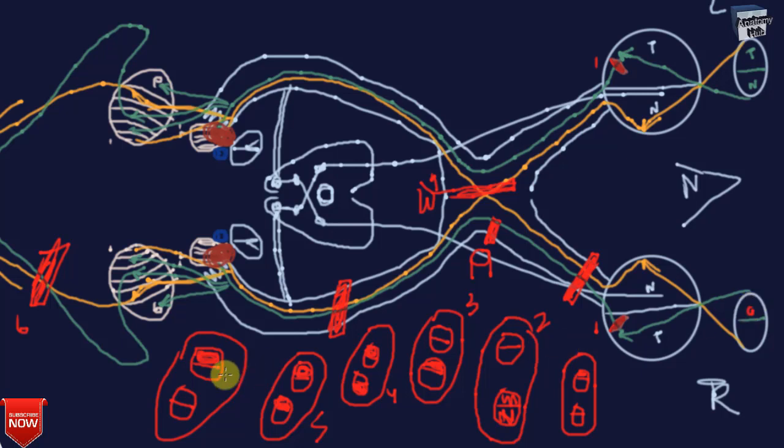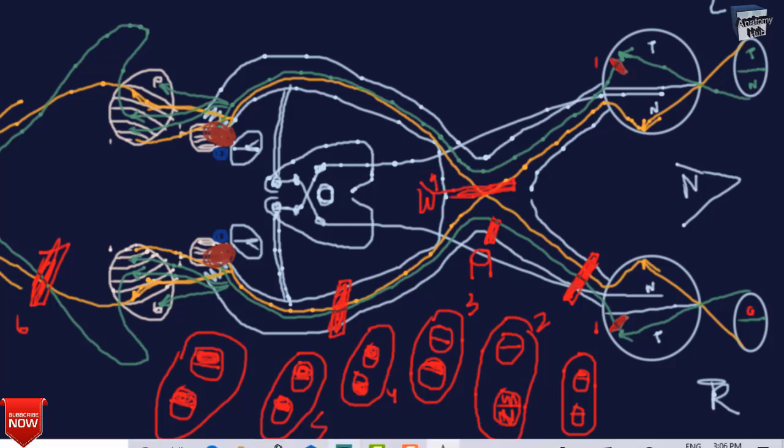So here we will again find the right nasal. So this is also known as your homonymous hemianopia. So here we have completed some of the lesions of your optic nerve. So thanks for watching.